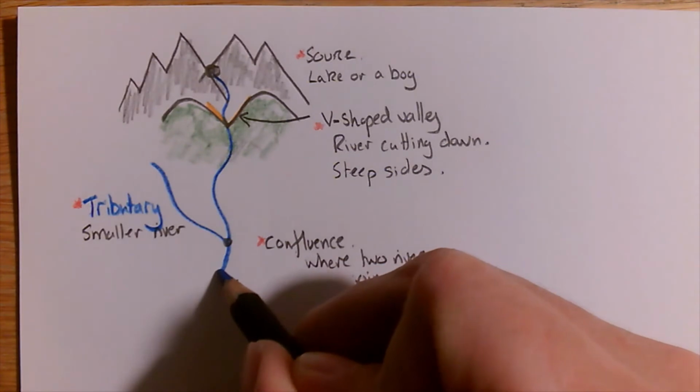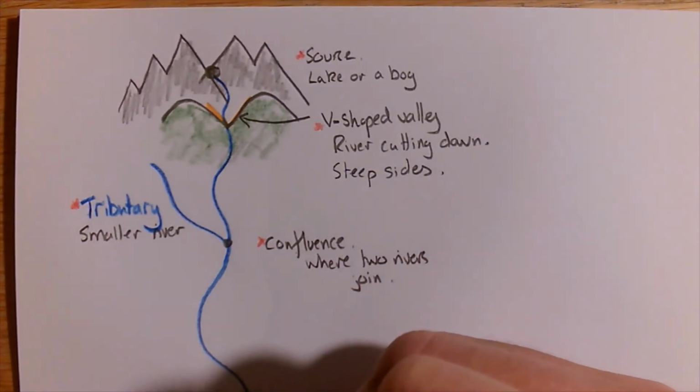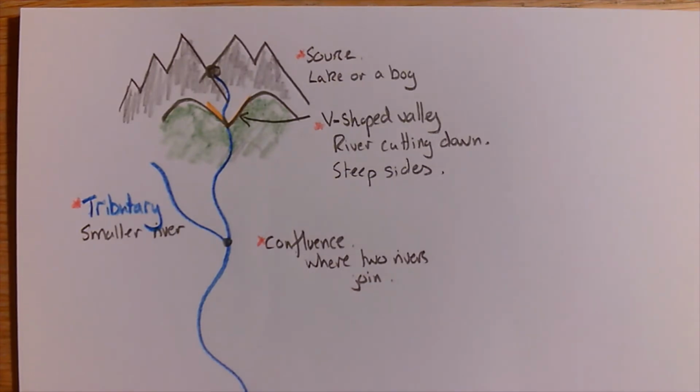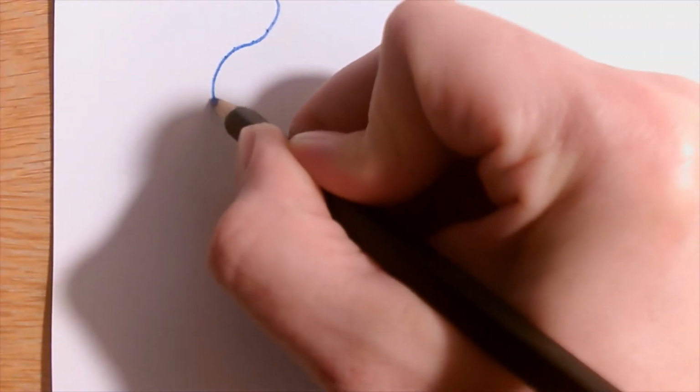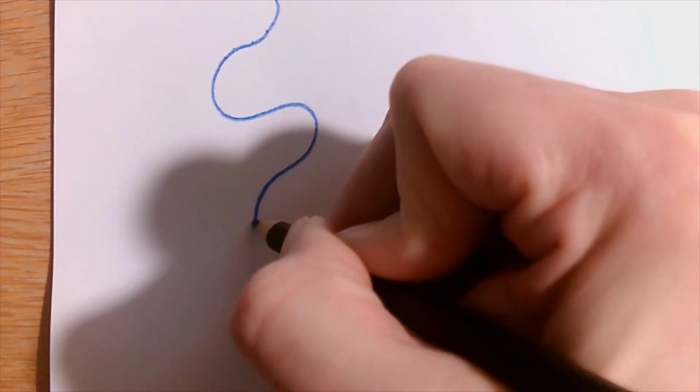As we flow downstream, our river starts to bend a little more. I'm going to have to move my page up here. Until it starts forming really large loops, which we call meanders.